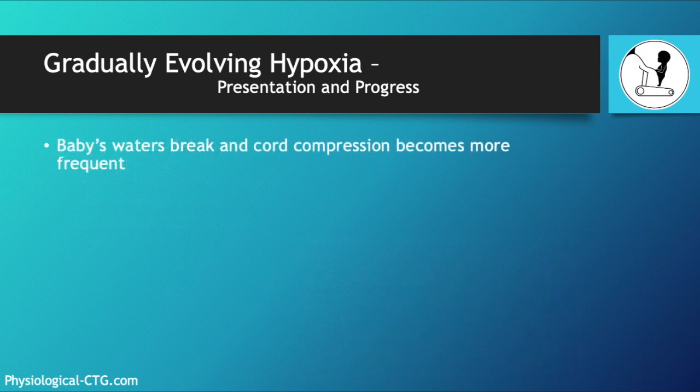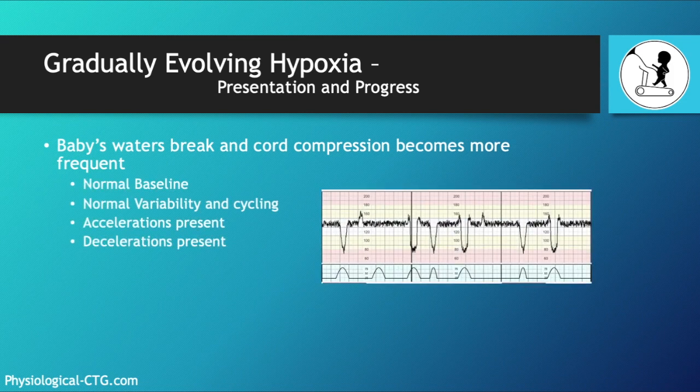Cord compressions can become more frequent once membranes have ruptured and the amniotic fluid has drained, and hence decelerations may become more frequent. As we mentioned earlier though, cord compressions are associated with transient hypoxemia and not hypoxia, and this would have minimal if any effect on the fetus. The fetus will still have a normal baseline heart rate, normal variability and cycling, and normal fetal activity.